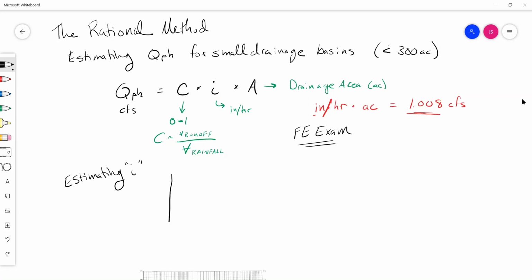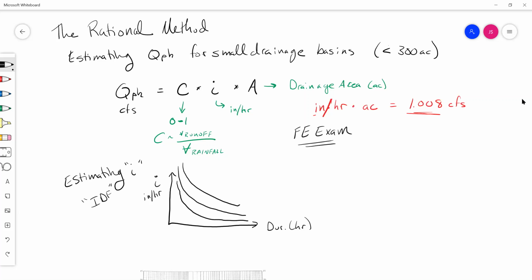Let's look at our rainfall intensity duration frequency curve, IDF, where we have intensity, inches per hour, on the y-axis, and duration, maybe hours, on the x-axis. And then we have different curves based on different frequency rainfall events.